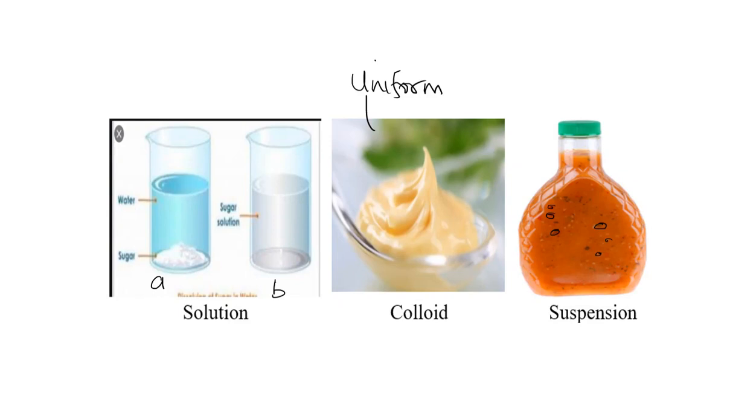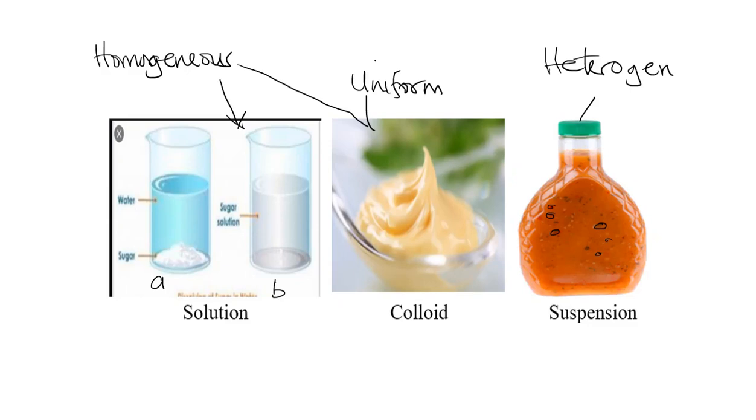So that tells you that it is a suspension or a heterogeneous mixture. So as we said, this one is homogeneous. This one is also homogeneous, but this one is heterogeneous mixture.